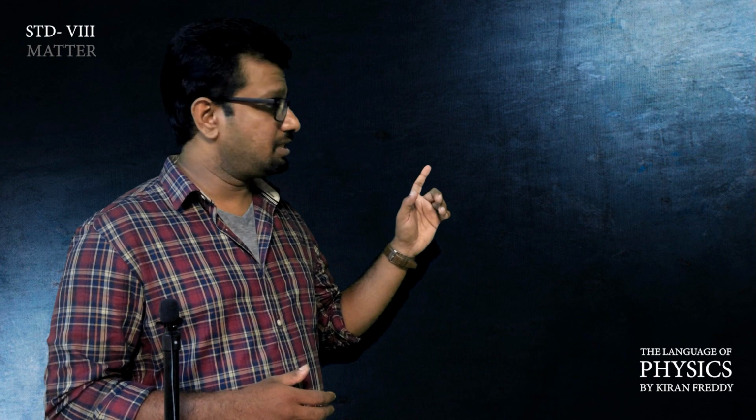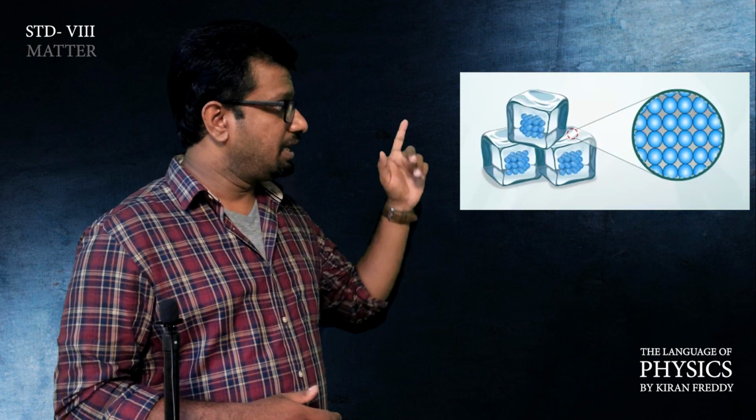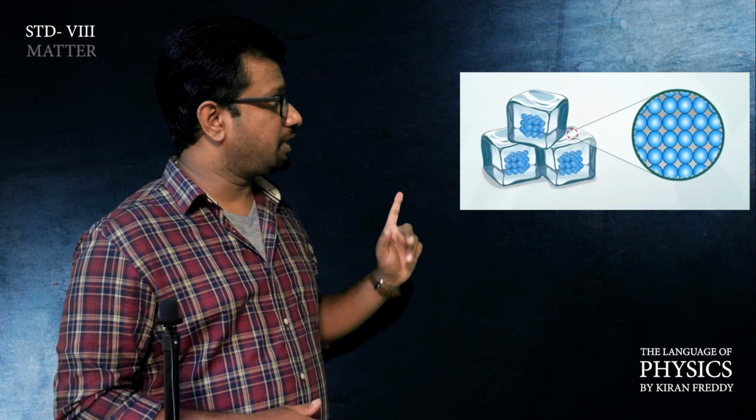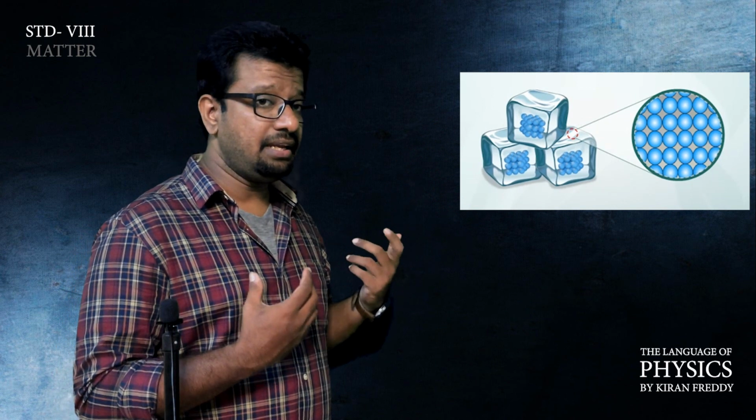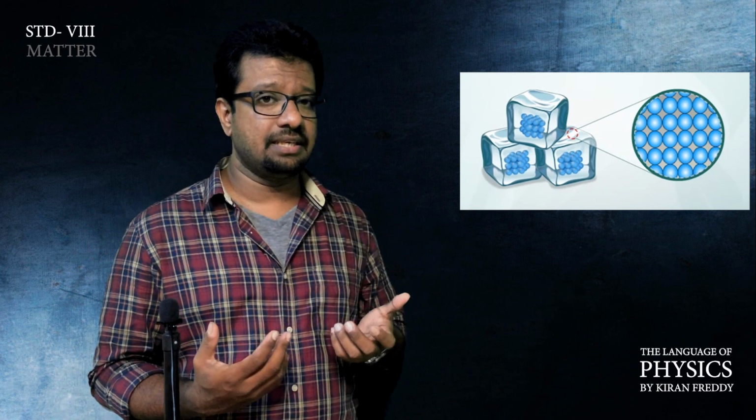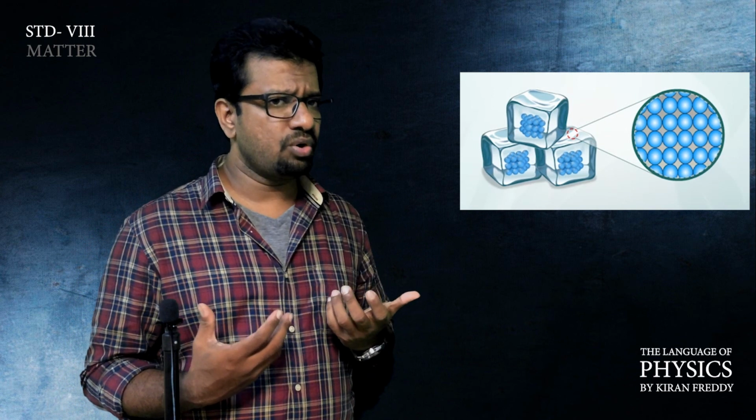In a solid substance, in this small animated video you can see how these particles are in a solid. You can see these particles are very close to each other. That means their intermolecular spacing, is it more or less?